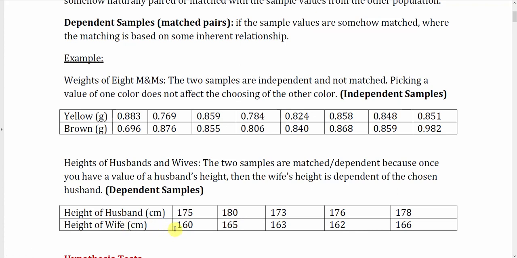I cannot just pick another person. So the height of the husband depends on the value of the wife. They have to go together.